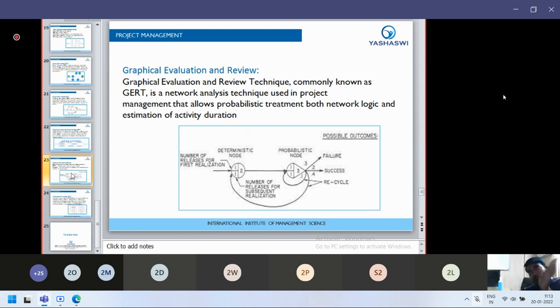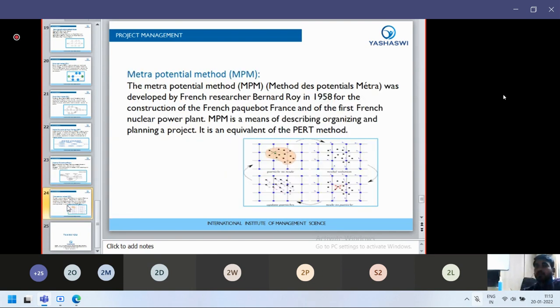It will be easy for you. Whenever you use YouTube or any media, give 5 to 10 minutes to those videos and carry on with all your other activities also. Okay, graphical evaluation review techniques, and the third one is the Metra Potential Method.